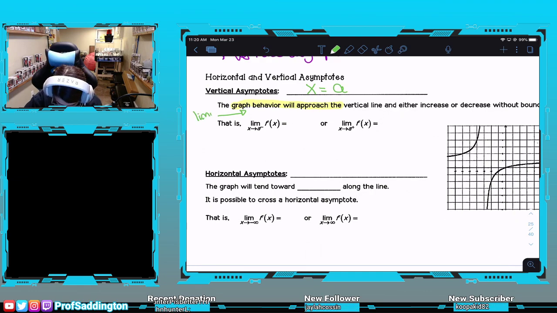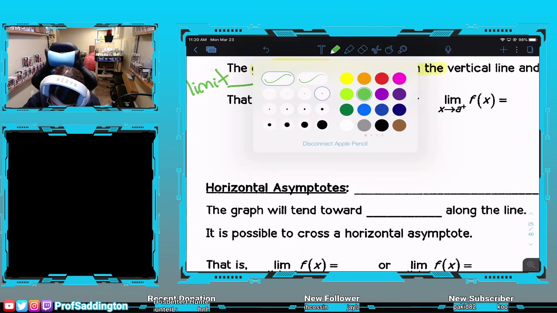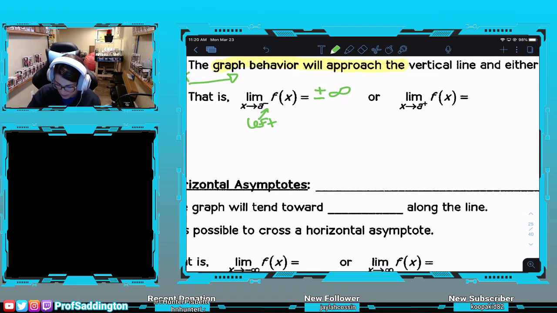This is what a limit means. What are we approaching? So we have our function. It says the limit as x approaches a from the left, that little negative here means from the left, will be either positive or negative infinity. And as x approaches a from the right, that little plus sign, will also be either positive or negative infinity. You just have to follow the curve to be able to figure that out.